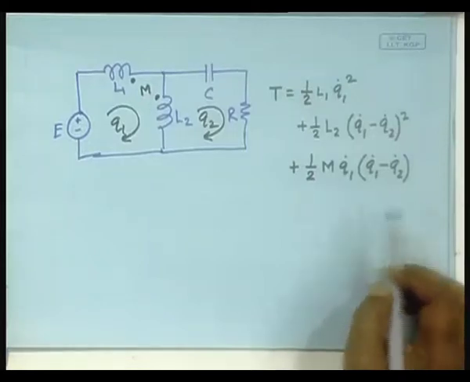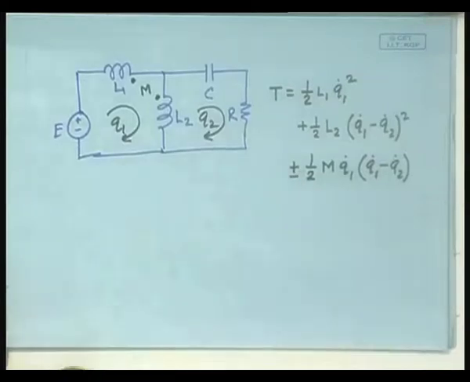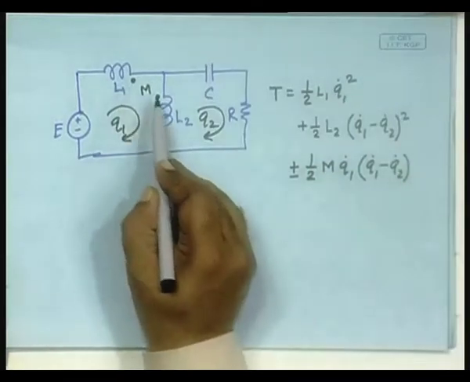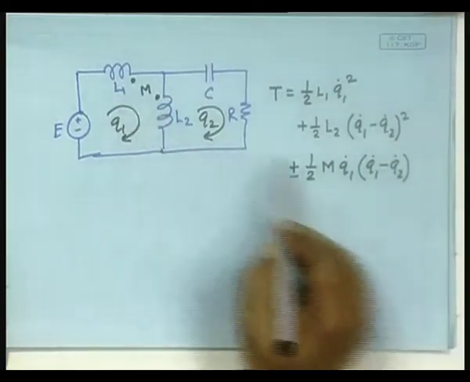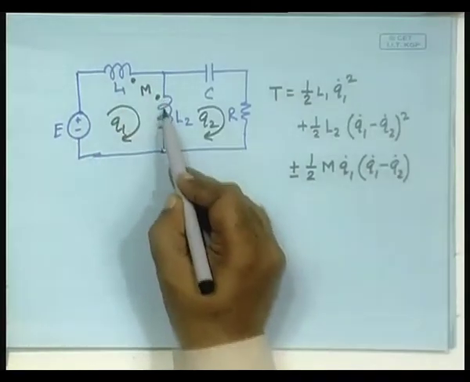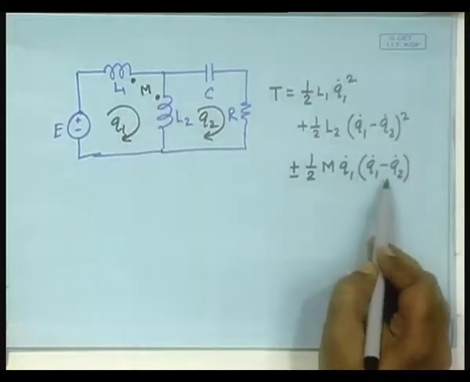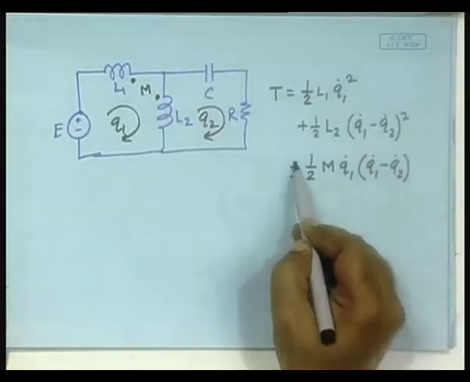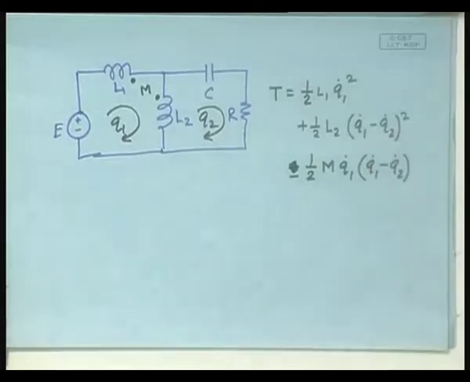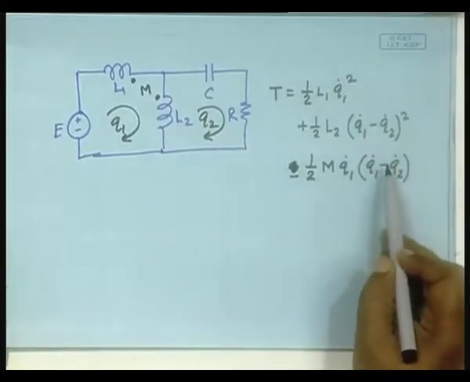First I put plus minus and then do the choice. Now, because I have put the dots here and here, Q1 goes out through the dot and Q1 minus Q2 goes into the dot, therefore these two currents are subtractive. If it is subtractive, I have to take the minus sign. The rest remains the same. All you need to do is to do this.